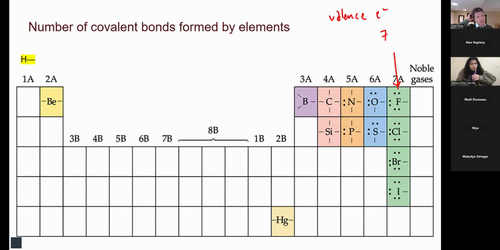If fluorine has 7 valence electrons, how many electrons does it need to get? 1, in order to have a complete octet. How can it get that 1? Well, it can get that 1 electron by maybe sharing with another atom, or maybe there's an atom that will donate it.